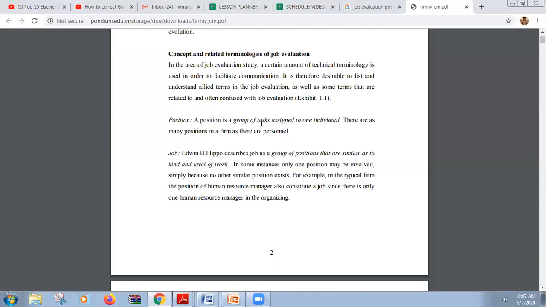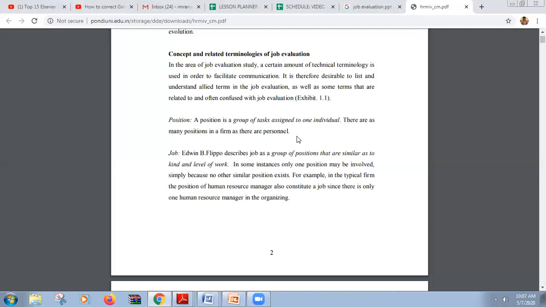A position is a group of tasks assigned to an individual. There are as many positions in a firm as there are personnel. So position means the job vacancy or the job performance. Position is the post or slot to which a person is assigned to perform a certain task or job.